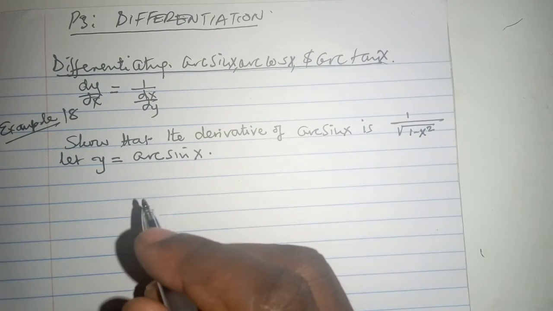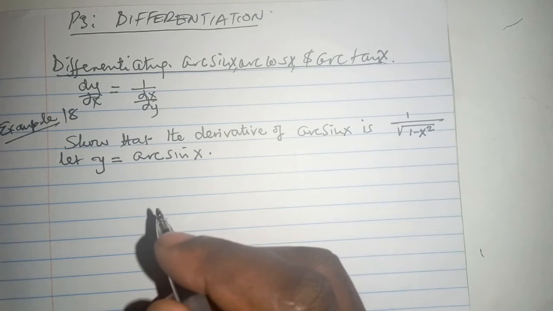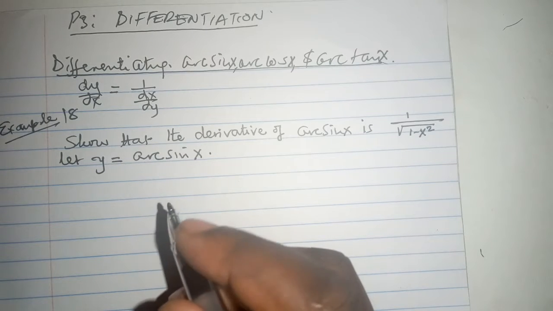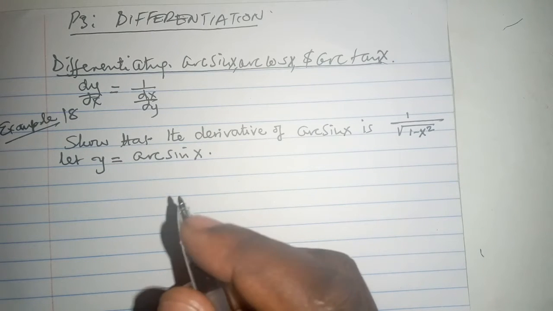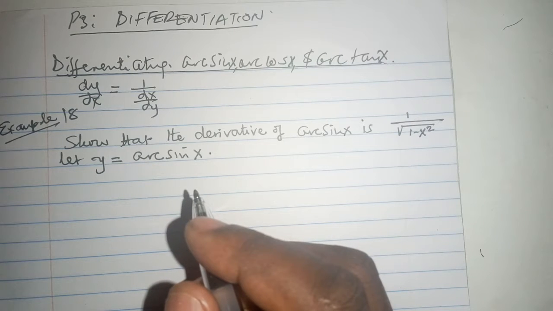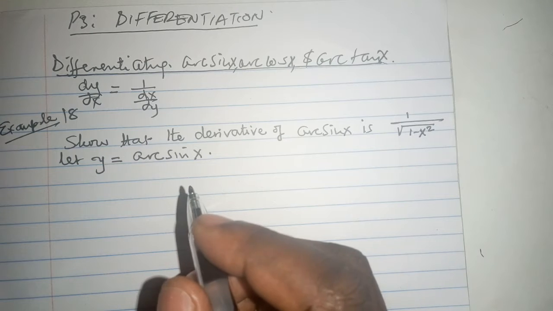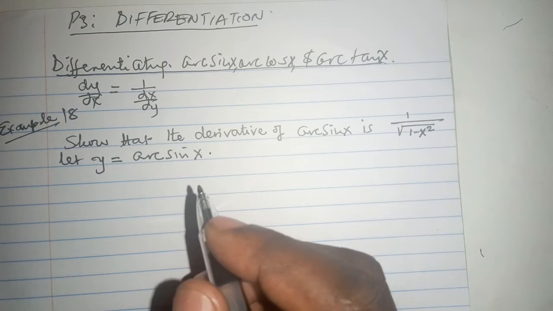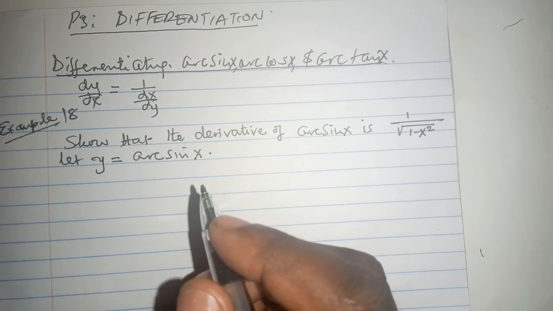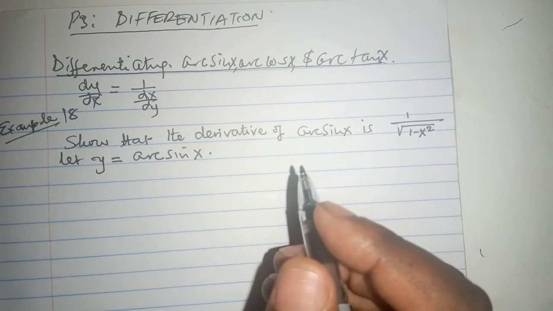I want to go a little bit behind and talk about arcsin. The arcsin function of x is the inverse sine function of x. The inverse of any function is the function that undoes what the original function had done.